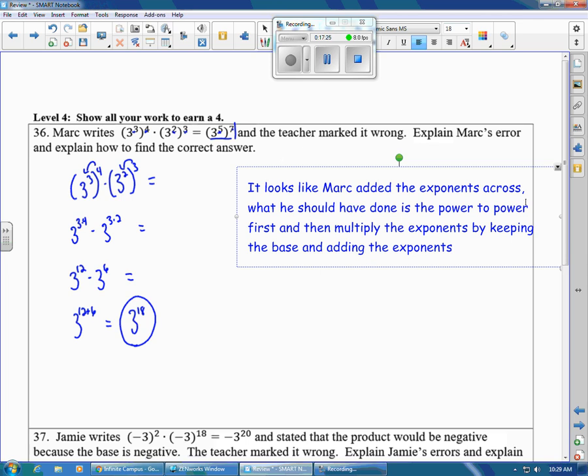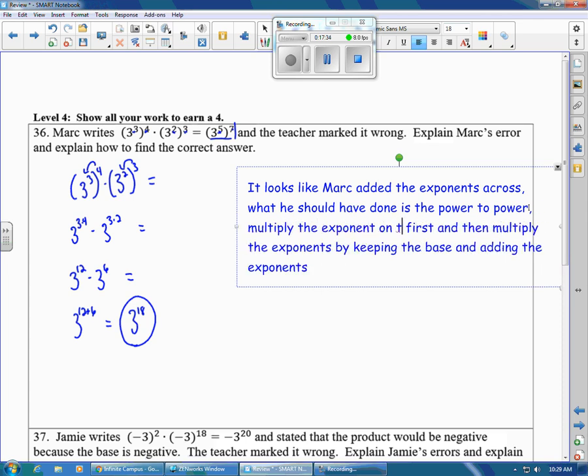What he should have done is power to power. I guess I should explain that further. Multiply the exponent on the outside.